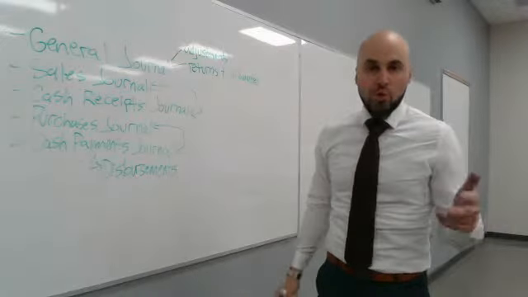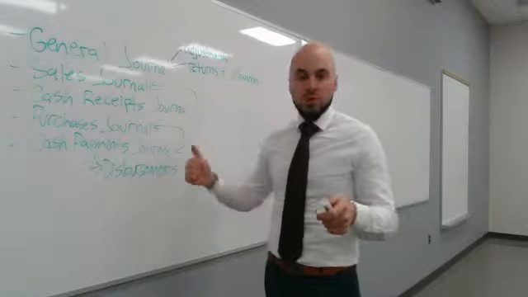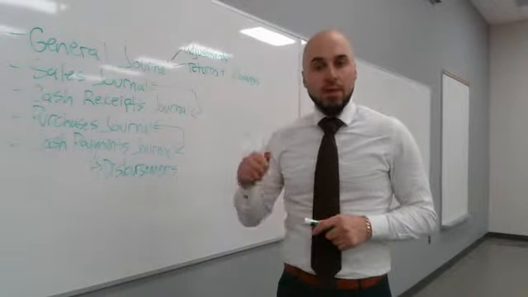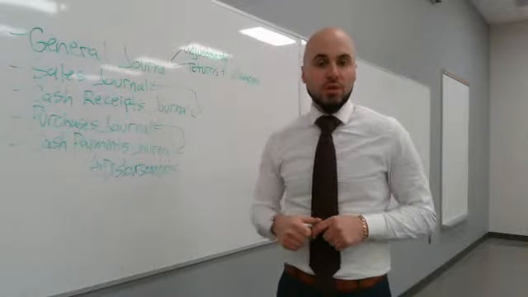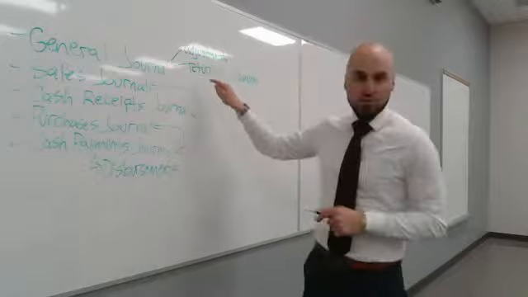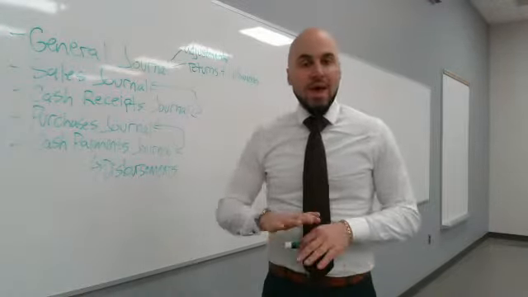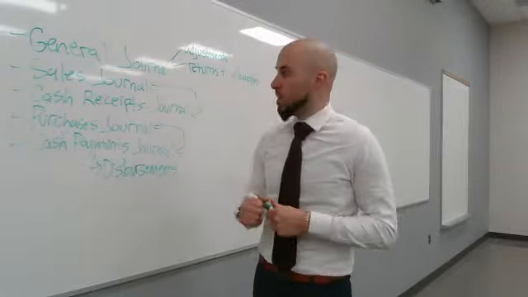We did already bring up those two in the perpetual and periodic video. But anytime a sales return and allowance or a purchase return and allowance happens, it gets recorded in the general journal. And then that is all that gets recorded in the general journal. Anything else will be now specified in these other ones.